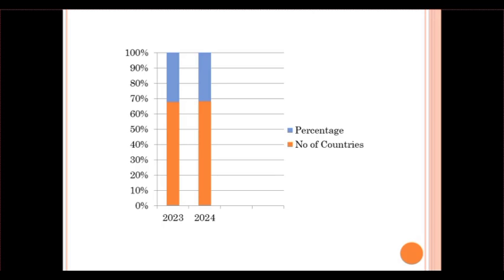That means if it is being compared to what they had last year, which was 143 countries, it's only covered by plus 0.1%. In the orange part in this graph, you would see that this is the list of countries, and in the blue part, that's the percentage.